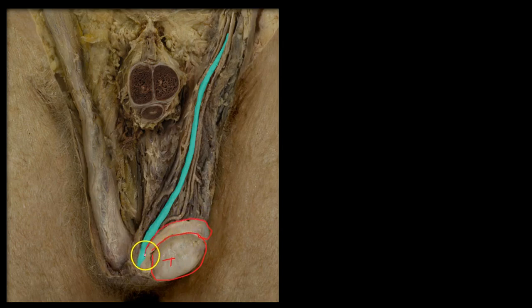So this is the epididymis here. And after the epididymis, there is the ductus deferens or vas deferens, which is one of the components of the spermatic cord. It goes upward to the pelvic cavity. So this is the ductus deferens or vas deferens.